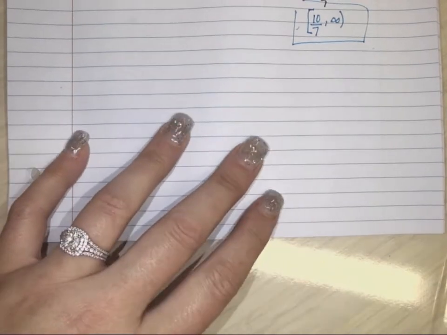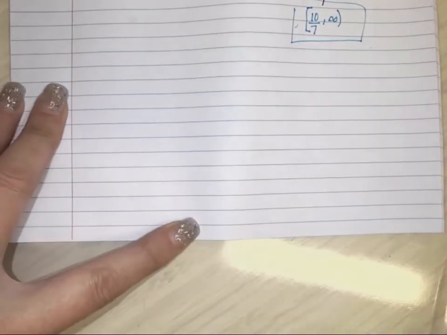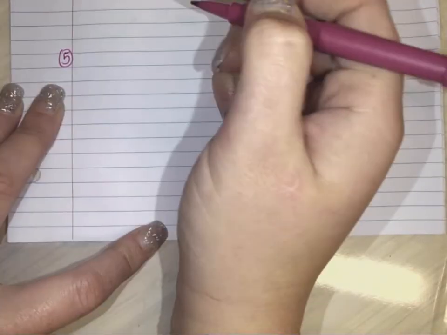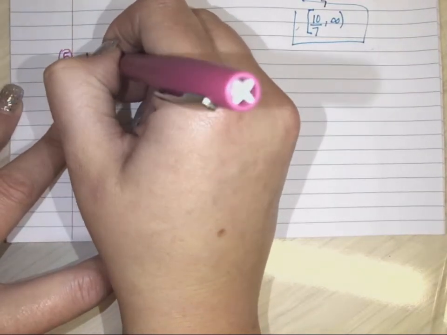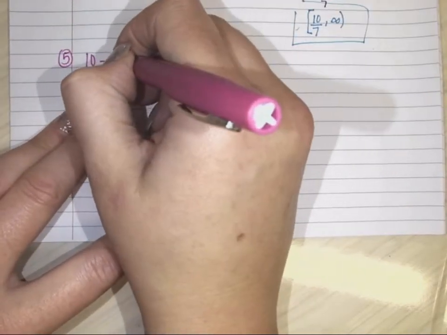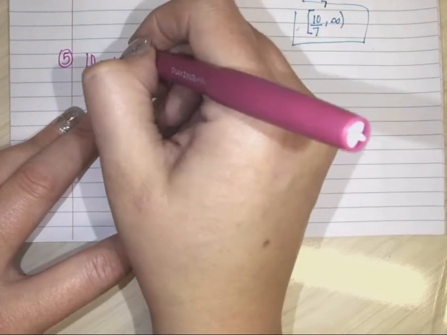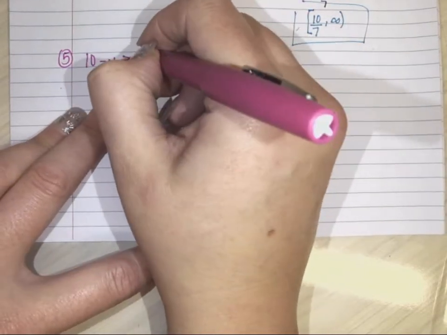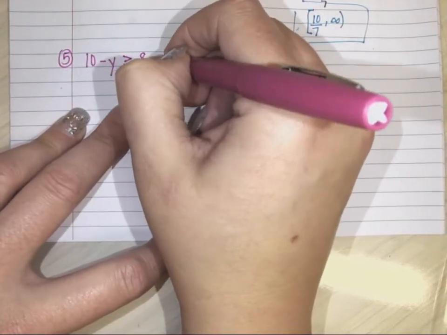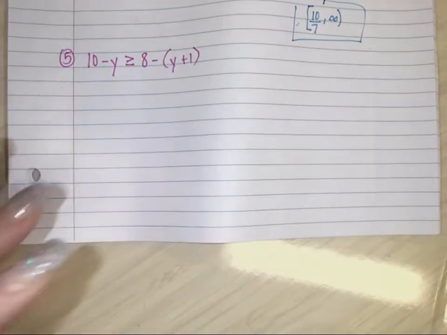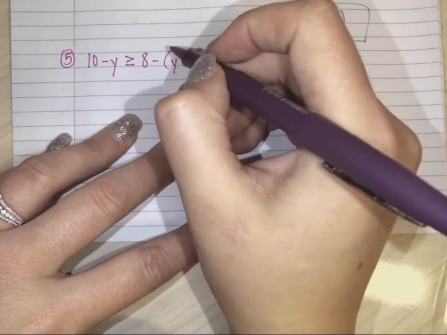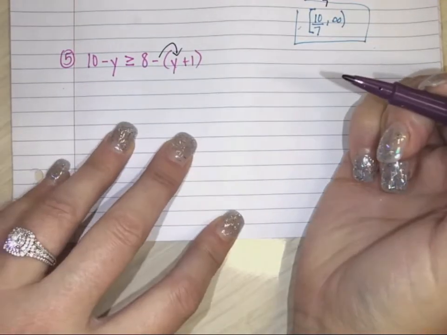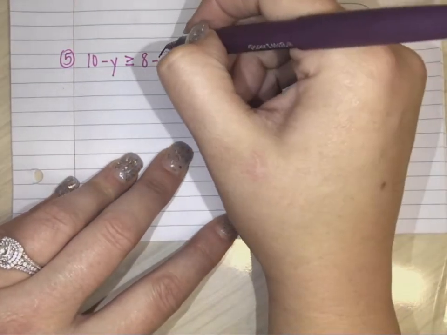Okay, our next inequality. You've got parentheses, so let's go ahead and distribute that negative sign to both terms.